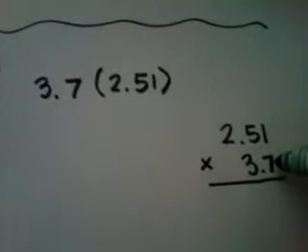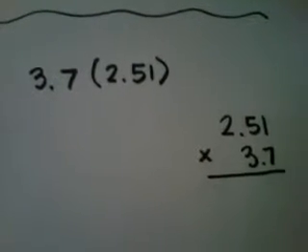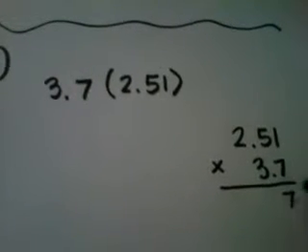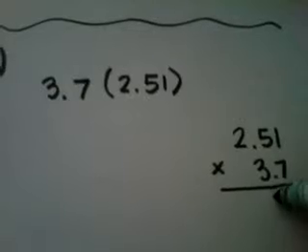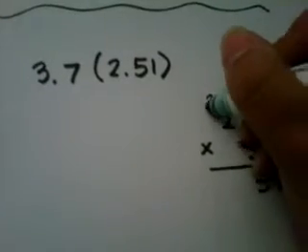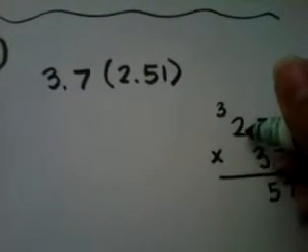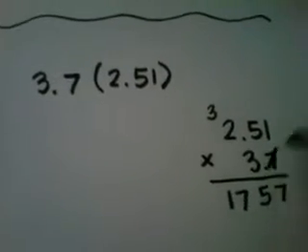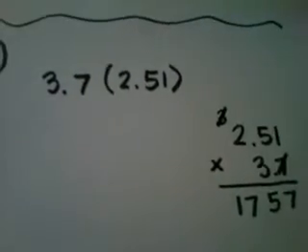When I multiply, I'm going to multiply just like any regular multiplication problem without decimals. 7 times 1 is 7. 7 times 5 is 35. Carry my 3. 7 times 2 is 14, plus 3 is 17. I like to cross out the number I've multiplied and anything I've carried.